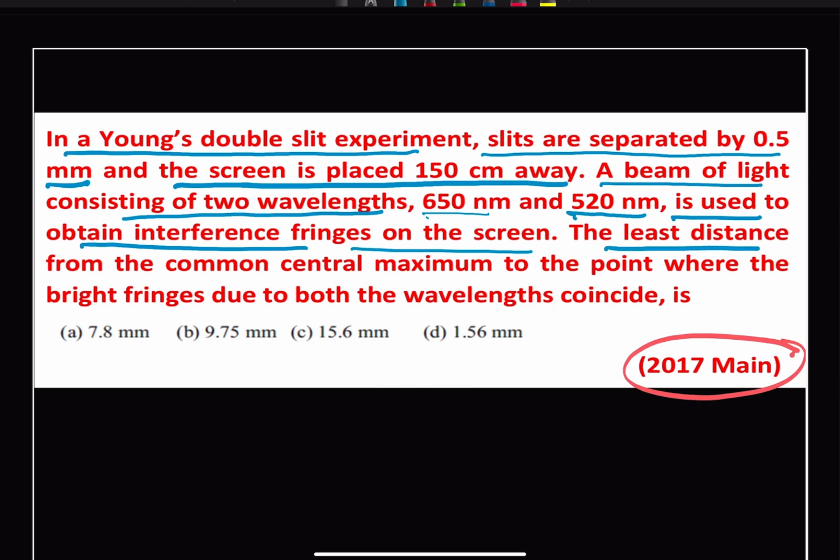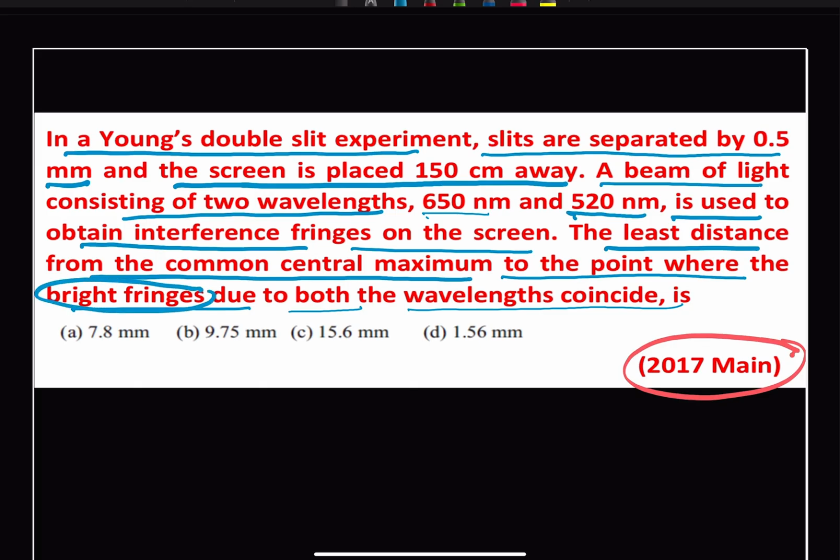The least distance from the common central maxima to the point where the bright fringes due to both wavelengths coincide is. So we have to find out the position where the bright fringes due to both wavelengths, one 650 and another 520, coincide, with respect to the common central maxima.